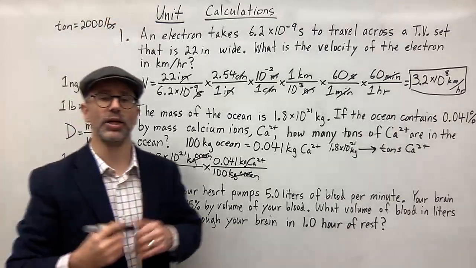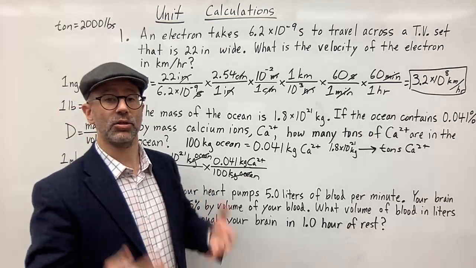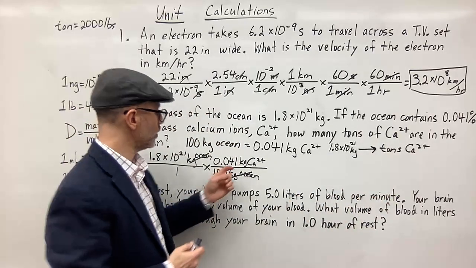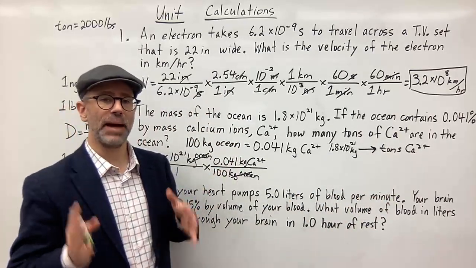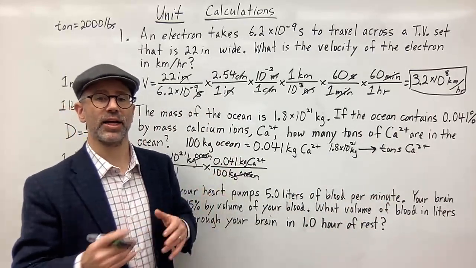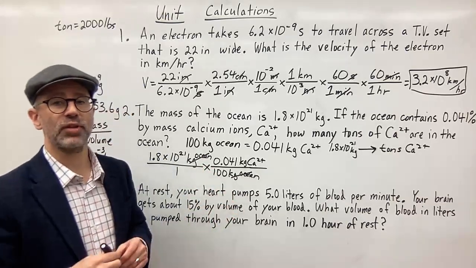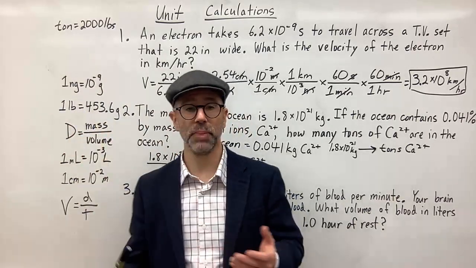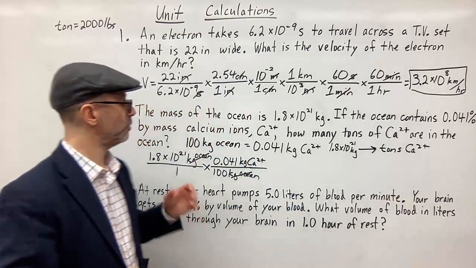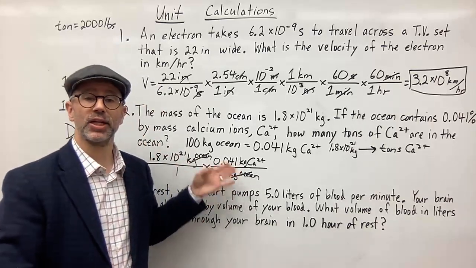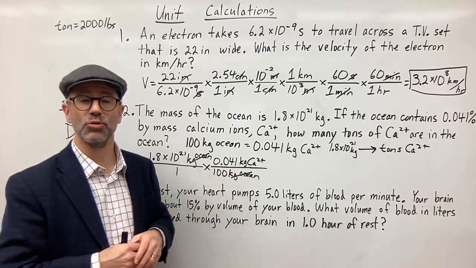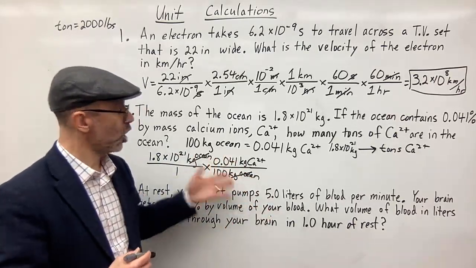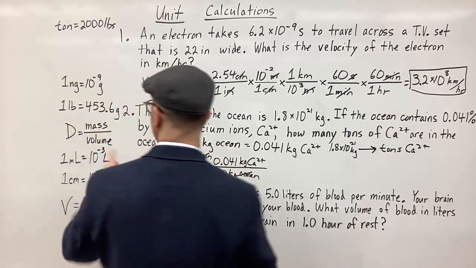So if we could get to pounds, then we can use our conversion to turn to tons. So kilograms to pounds, I know that 453.6 grams is equal to 1 pound. I can use that. If you know the relationship between kilograms and pounds, you could use that. It's like 2.2 pounds per kilogram. So either way works. I'm going to go ahead and use the grams.